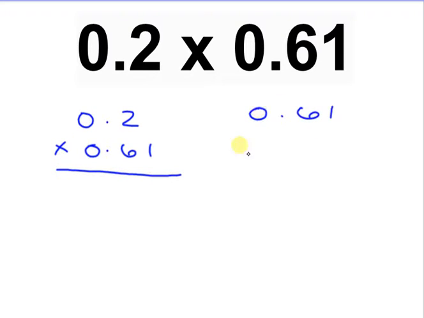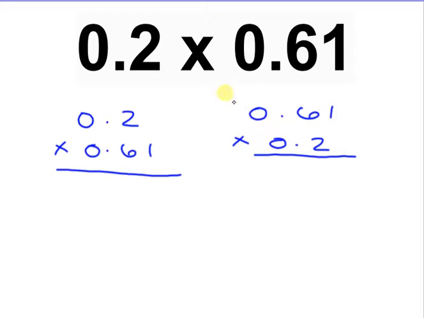All right, let's go ahead and practice. Now, this says 0.2 times 0.61. With multiplication, you can write this out as 0.2 times 0.61, like this, or you can write it out as 0.61 times 0.2. Now, either way is acceptable.